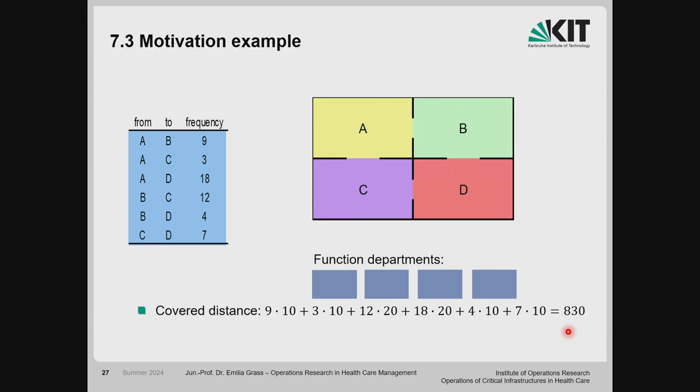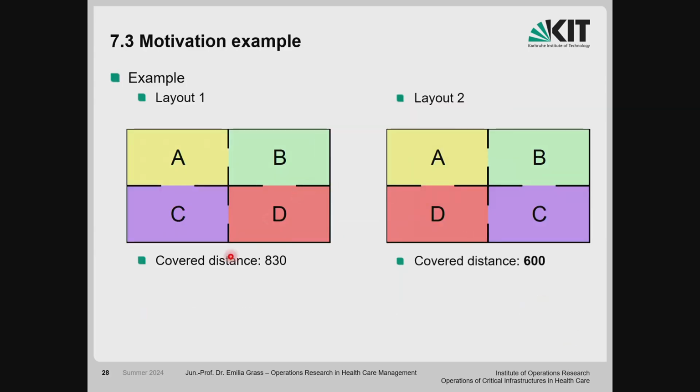This is the first layout, just A, B, C, D without thinking about the frequencies. But if we simply rearrange and switch D and C with each other, you can instantly decrease the distance to 600 meters with a relatively simple rearrangement.